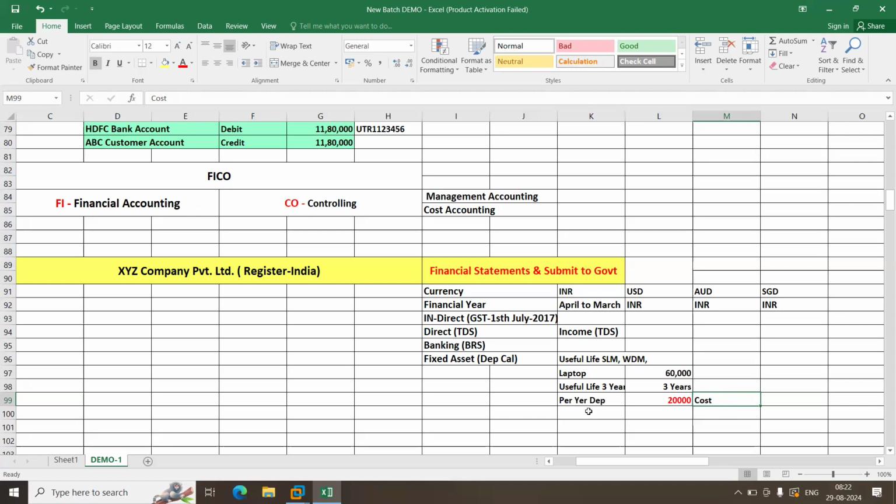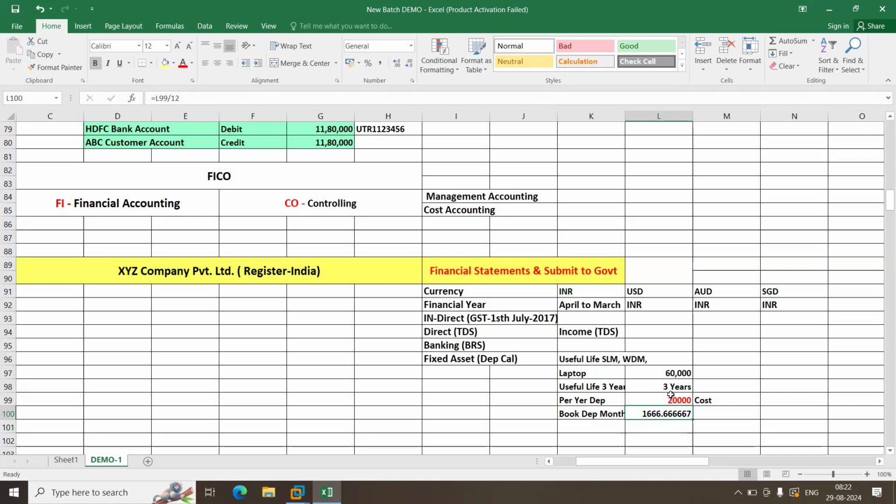You are going to book this depreciation monthly. You have to book monthly. Then again you have to bifurcate this amount 20,000 by 12 months. You have to bifurcate this depreciation amount by the number of months. Then every month we are going to book this much cost.